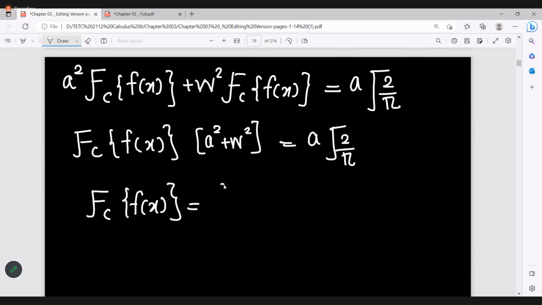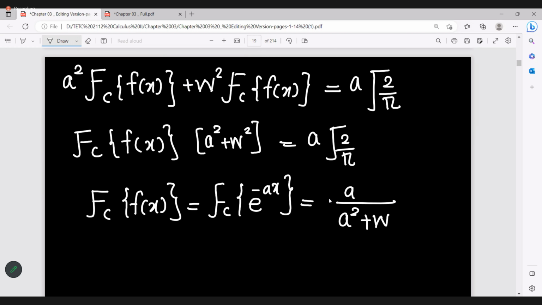So we can rewrite f of x. What is our f of x? e to the power minus ax. This is equal to a over a squared plus w squared. Now let's write this square root term first.